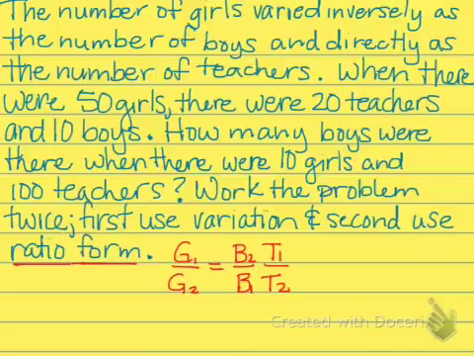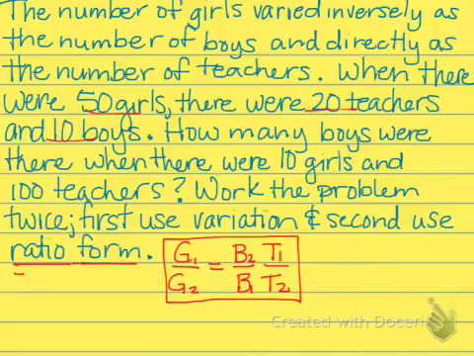And then we just fill in our information. When there were 50 girls, there were 20 teachers and 10 boys. So all of those are subscript 1. So girl 1 is 50, teacher 1 is 20, and boy 1 is 10.